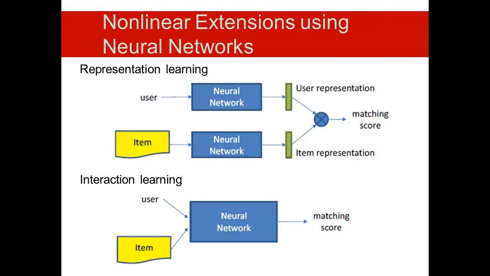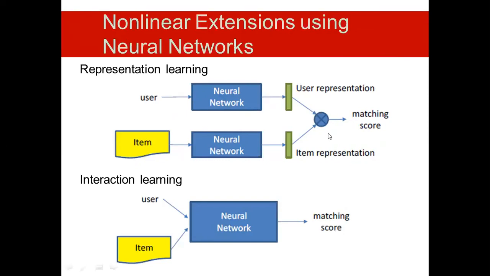So here I have two approaches. One is so-called representation-based learning. Each user can be represented by using neural networks. Those latent factors for the user can be learned from a neural network instead of a linear function. Similarly, the item can also be learned by using a nonlinear neural network.